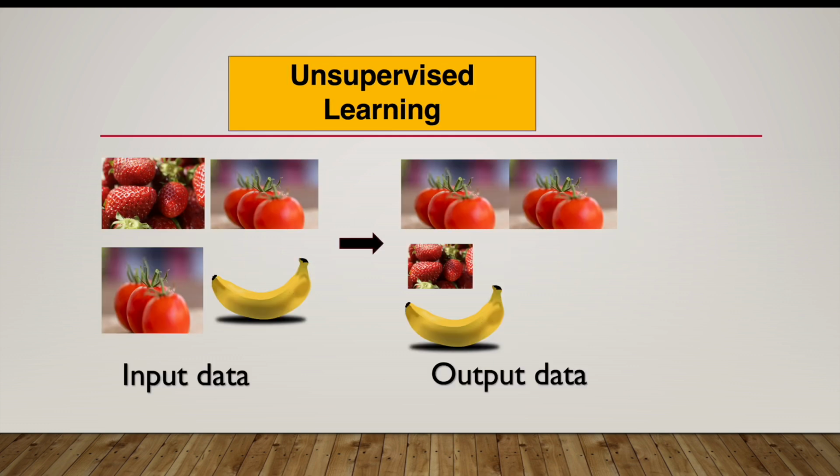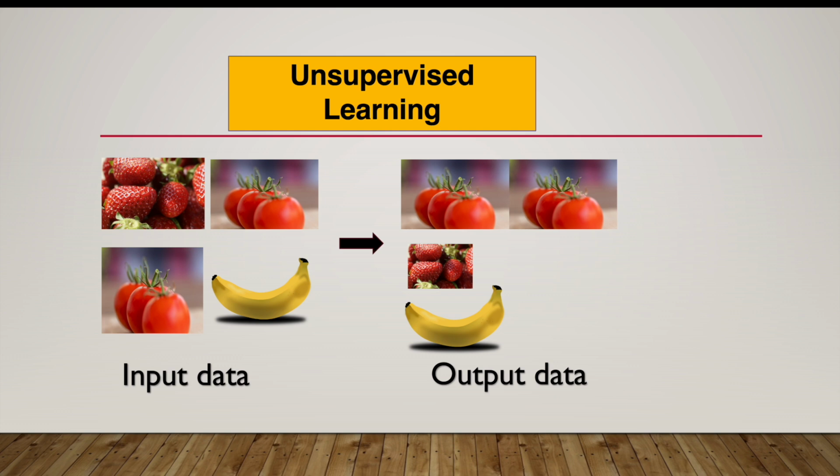In unsupervised learning, on the other side, we don't provide any labeled data. It will be scattered data, which will not be labeled. But what the machine learning algorithm has to do is read it and isolate it based on the properties of that data, so that it can understand, okay, these two things look similar, so I need to categorize them differently. For the images of tomato, it will identify, okay, these two shapes look similar, so they would be of the same product.